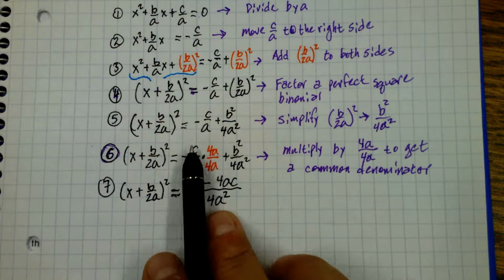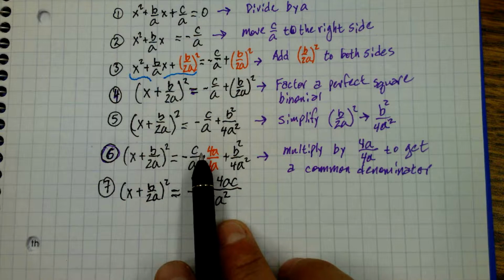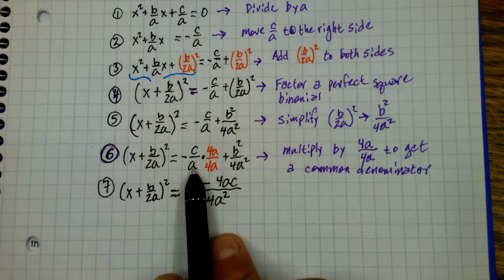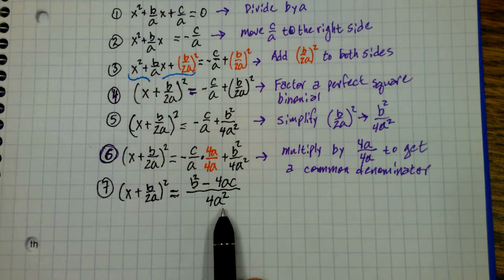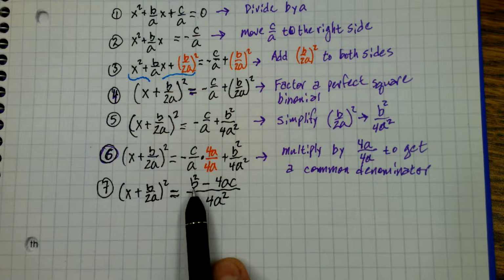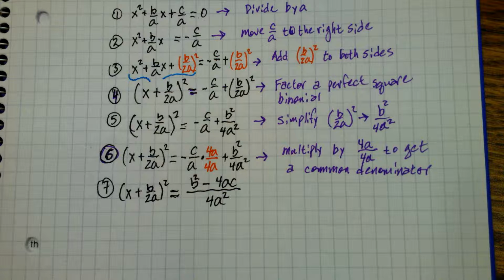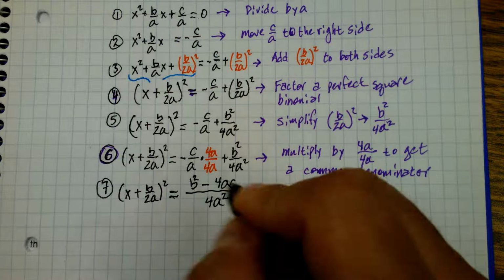So all I did was I recognized that this numerator is 4ac, and it's here. The denominator is 4a squared. It's a common denominator, so it's there. And since this is positive, I put it in front. So it becomes b squared minus 4ac all over 4a squared. Okay? And it looks real messy right now, but it's going to clean up in a little bit. Okay, so let's write down what we did.